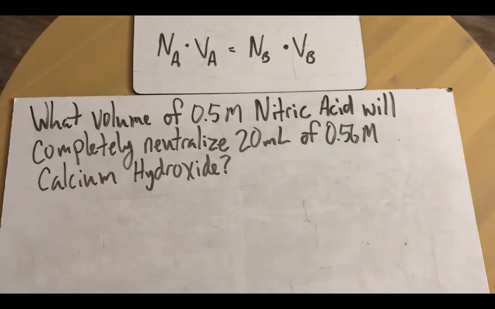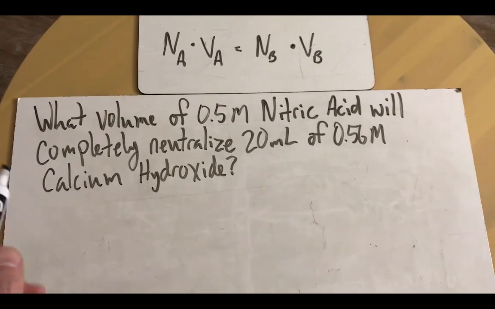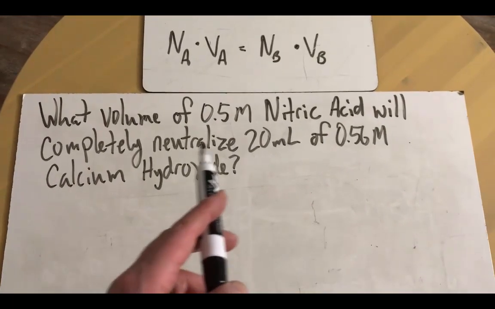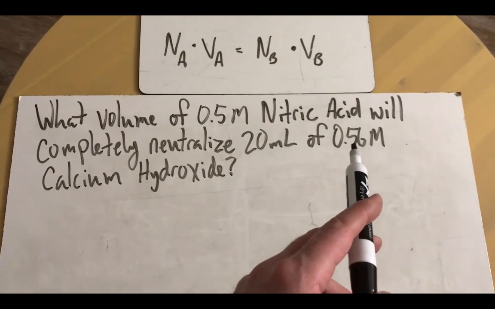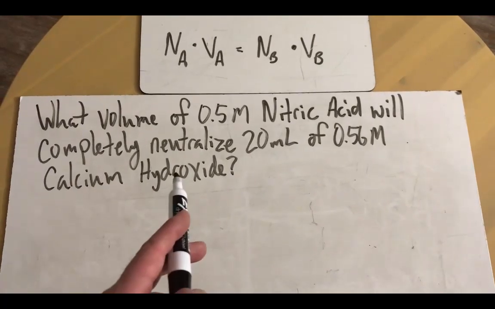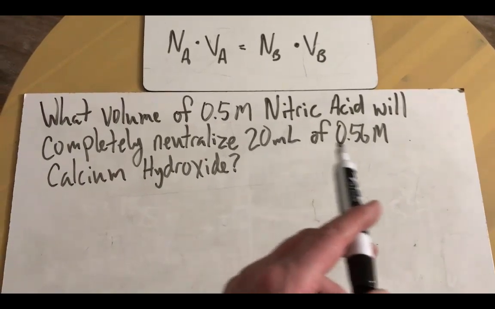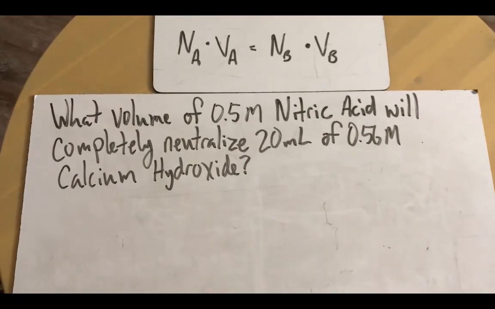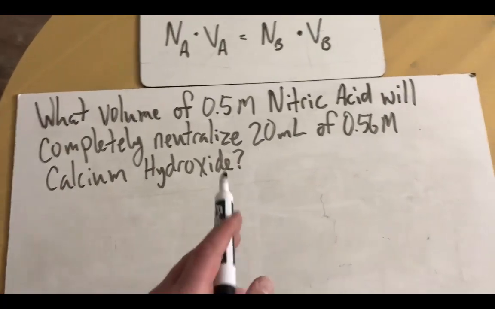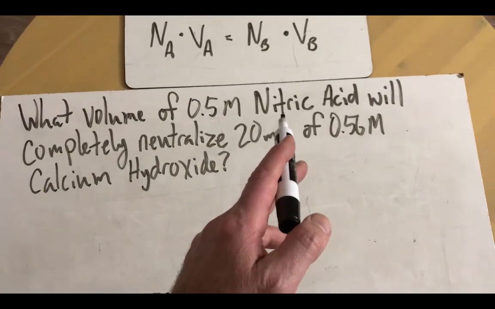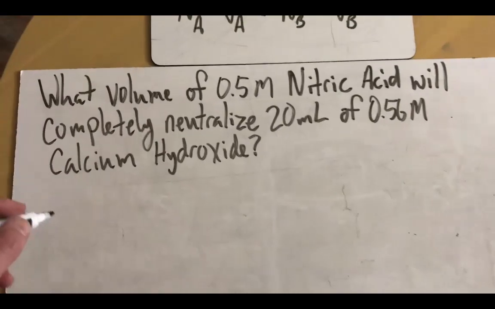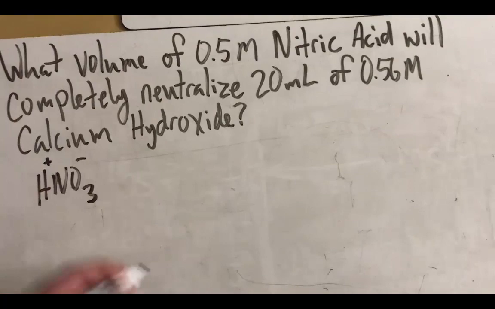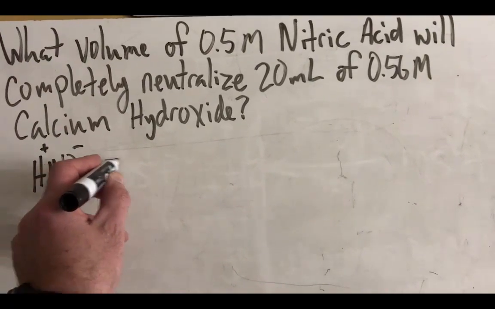Okay, so here is a sample problem that we will work through. It says, what volume of 0.5 molar nitric acid will completely neutralize 20 milliliters of 0.56 molar calcium hydroxide? So I know I need to take these molarities and make sure that they are converted to normalities. Nitric acid is HNO3, so we're going to dissociate this first.